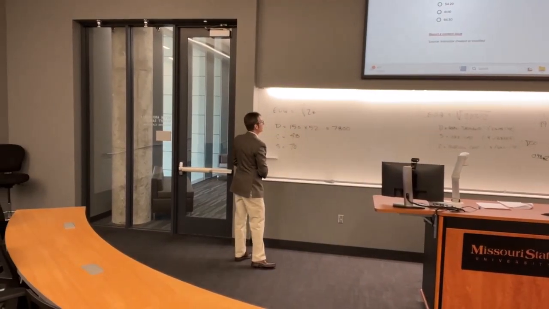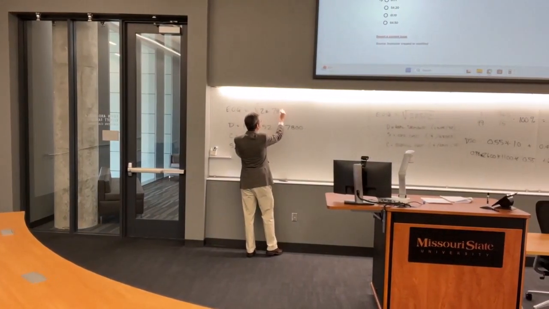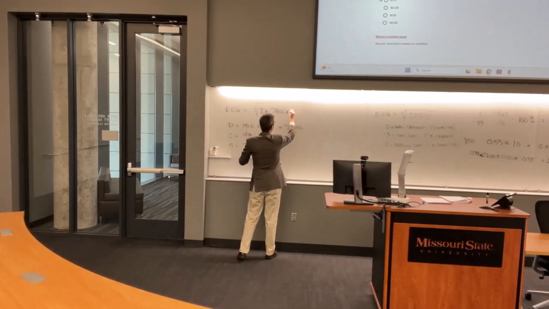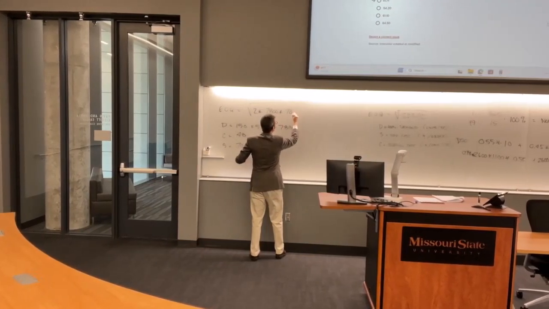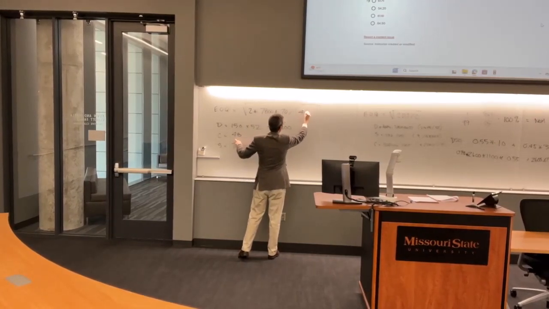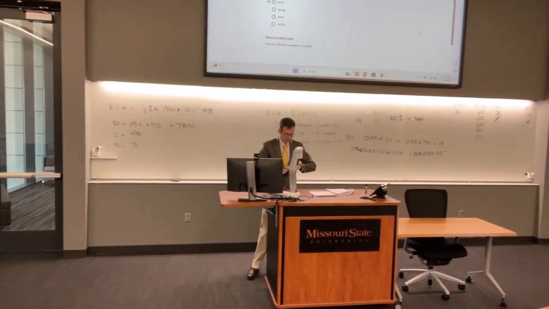Okay, so what have we got here? We've got 2 times 7,800 times 70 divided by 48. So let's get our calculators out.